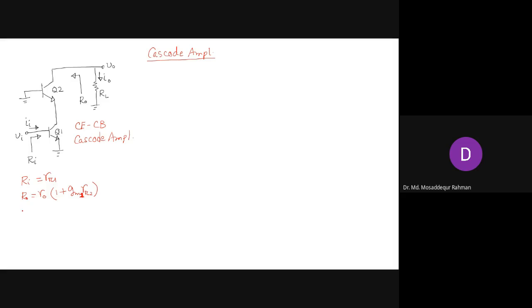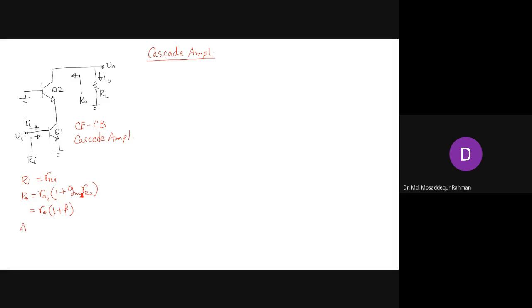Gm2 R pi 2, and then that we simplified as R naught 2 or R naught 1, R naught 2. So that we can simplify as R naught 1 plus beta, right? Gm R pi is beta.